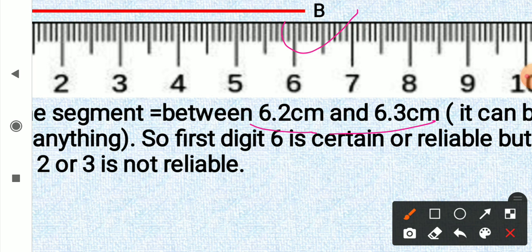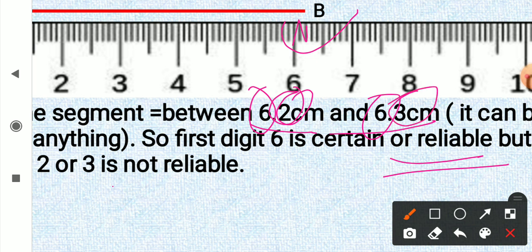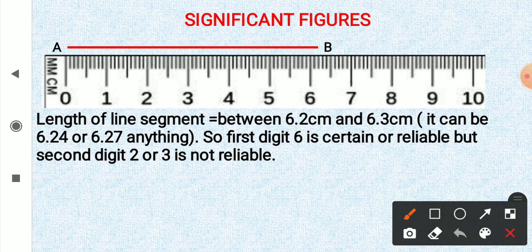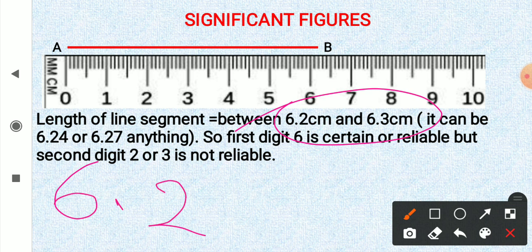So the first digit 6 is sure. It is called a reliable digit. I am sure about the first digit. Now the second digit, whether it is 6.2 or 6.3, is not reliable. And as I said, the length can be anything like 6.23, 6.24, 6.29, whatever, say 6.27.